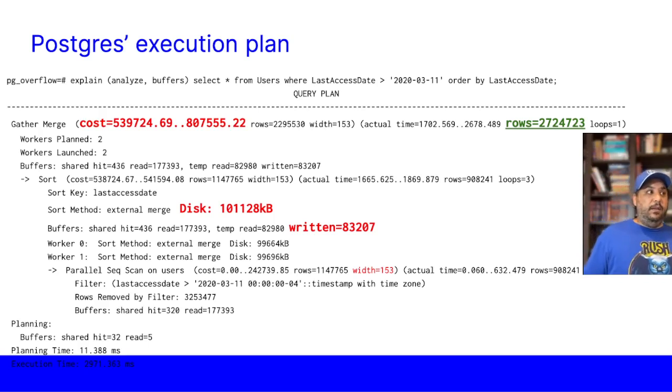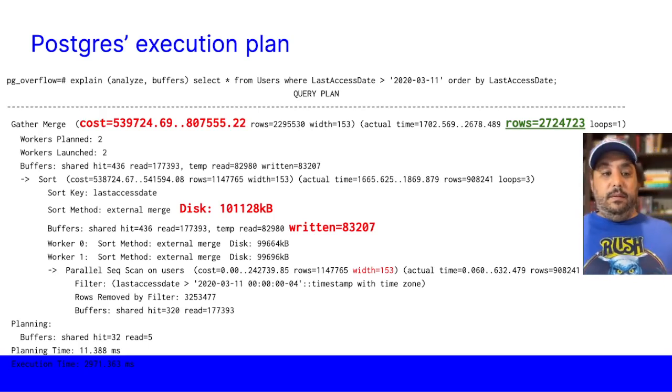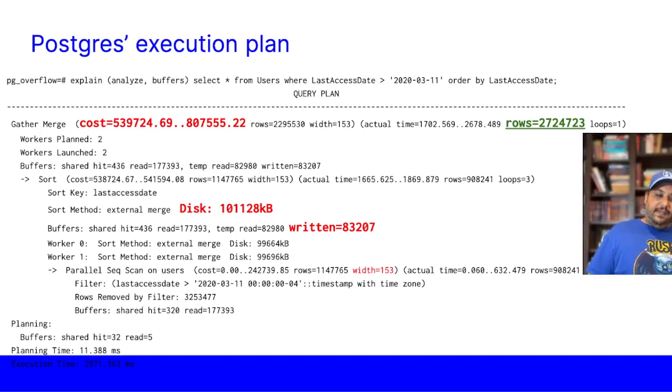Right? So previously we would have an int and a last access date, so it would be about 12. Now we're talking 153, right? So it's a 12x factor on the width piece. So that's a hint that we're going to actually be dealing with much more data being passed through these different operators as we work through our query plan, right?